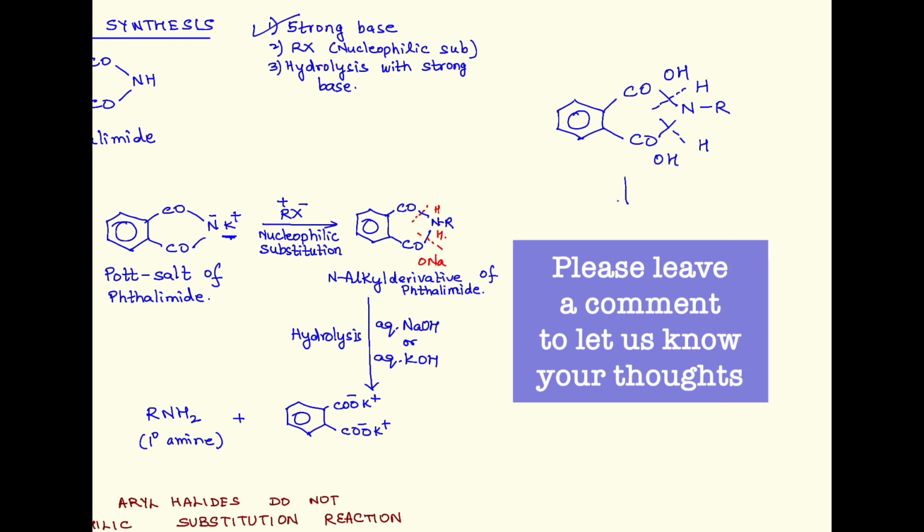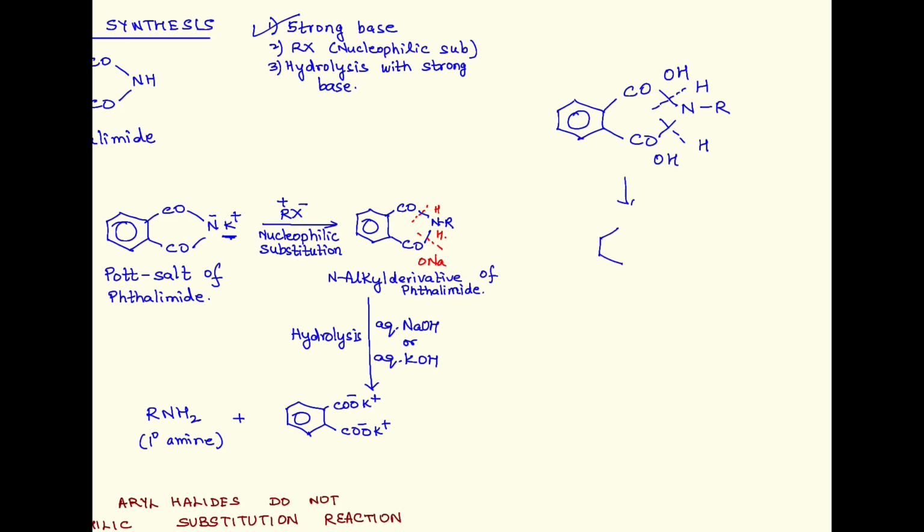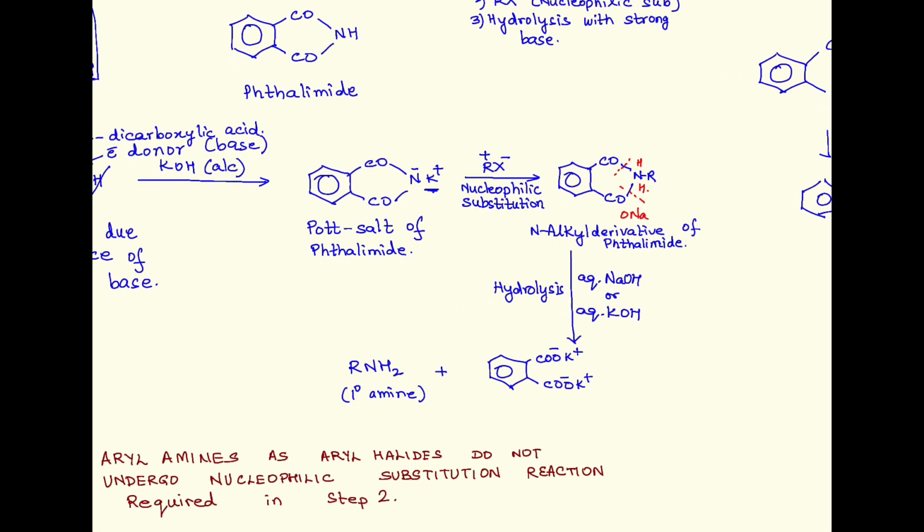So, I should get phthalic acid over here and a primary amine. But if you recall that we are carrying out this reaction in the presence of a base, and a base will replace the hydrogen by the metal atom. So, we will have metal ions, either potassium or sodium, whatever base we are using, which we had used in the first step.